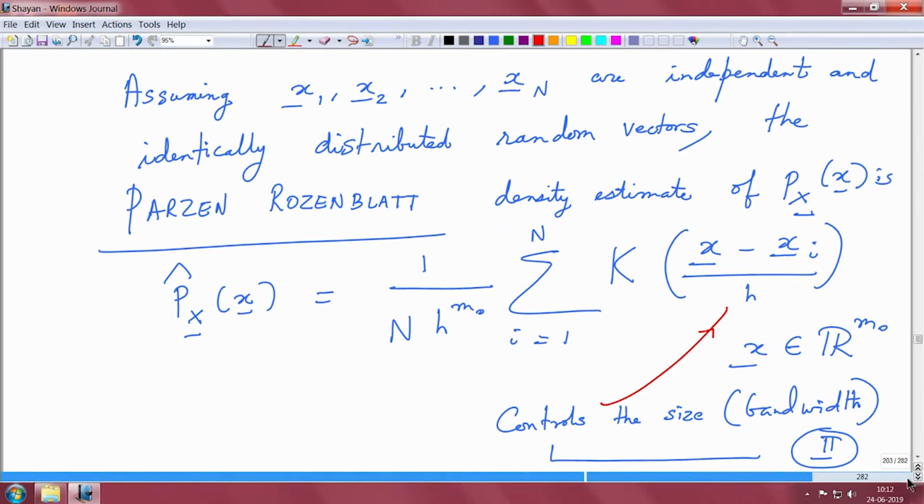Now, assuming you have training samples x1, x2 so on till x suffix n, these are all our training samples.